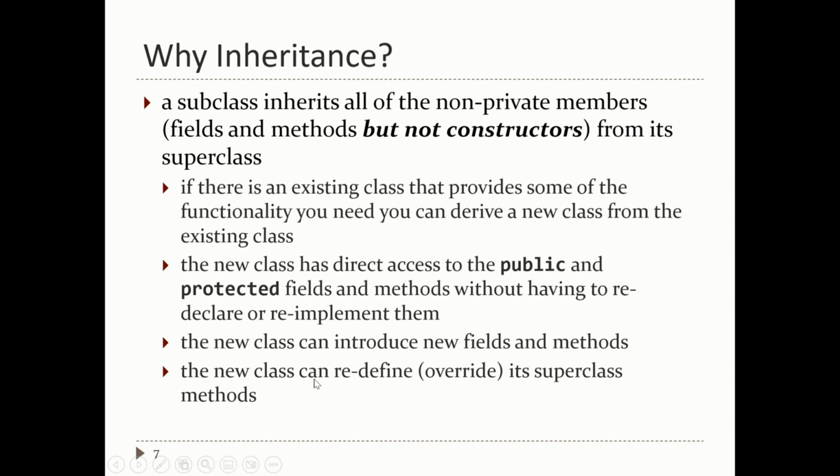If you want to, you can redefine or override the methods that you inherit from the superclass. Every time we've been writing @Override, or implementing equals or toString, we're actually overriding the superclass method that came from Object.